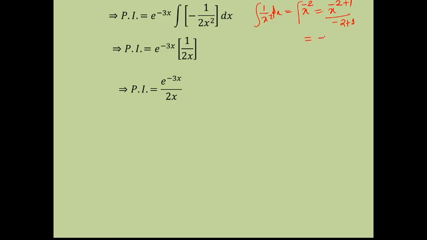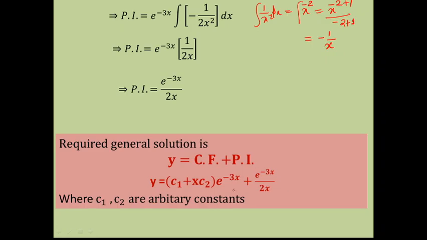So that is nothing but minus 1 by x. Already there is a minus sign, so minus minus is plus, and 1 by 2 as it is. So what we have is 1 by 2x as the simplification of this part. So the particular integral is obtained. Now we can write the required general solution in this way.